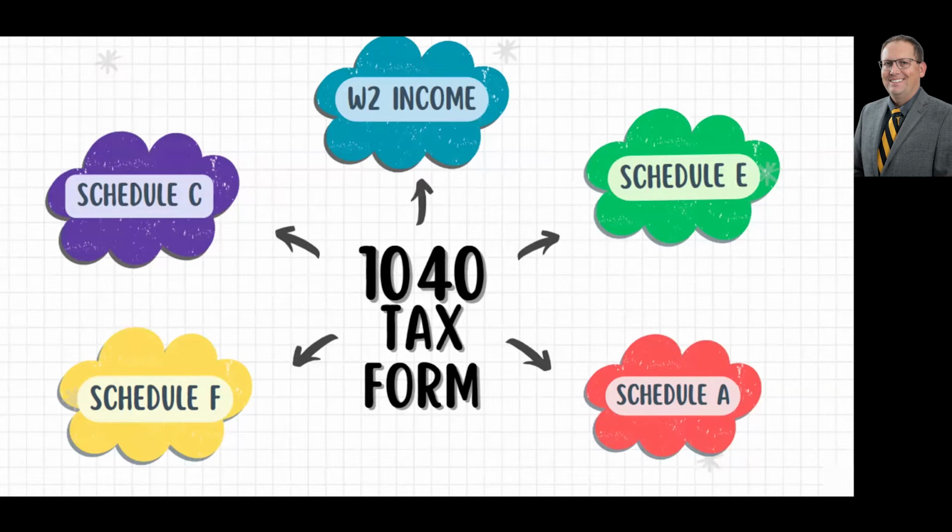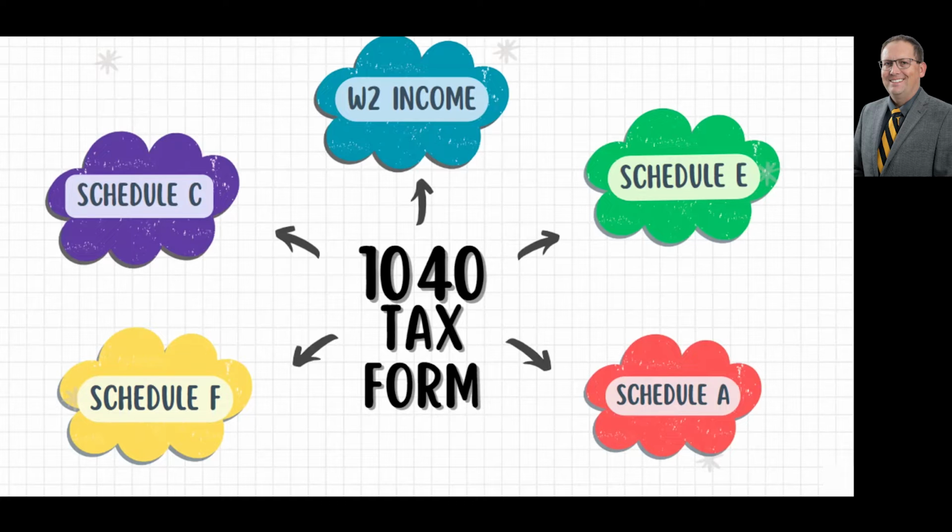If you've got a job somewhere and you get a W-2 from your job, that information fits right into your 1040 tax form. That's one component. If we go down to the bottom left, we have what's called the Schedule F. That's what we're going to talk more about today: farming activities and how that fits into your tax return.